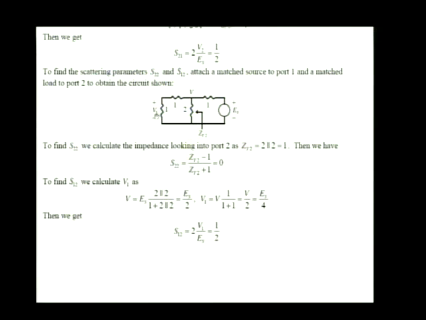And now here's the voltage V1 that we're going to need to calculate to find S12, and here's the input impedance looking into port 2 when port 1 is matched. It's this input impedance looking into these terminals of the original 2-port, now with a 50 ohm load or matched load.